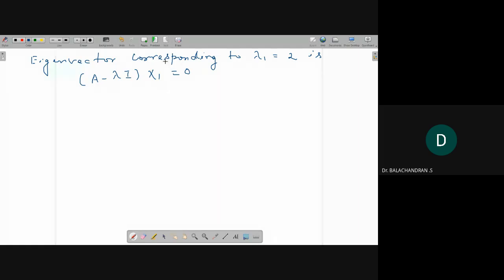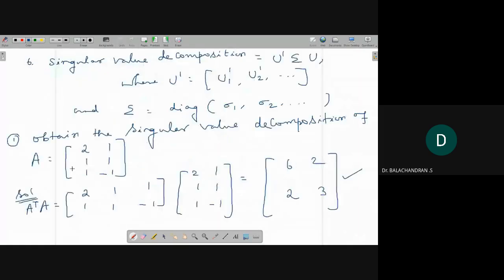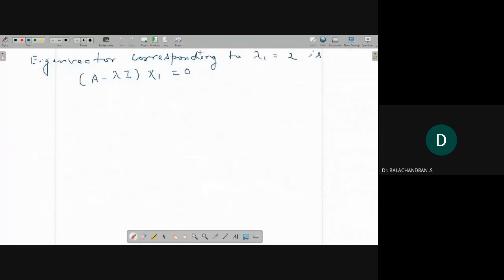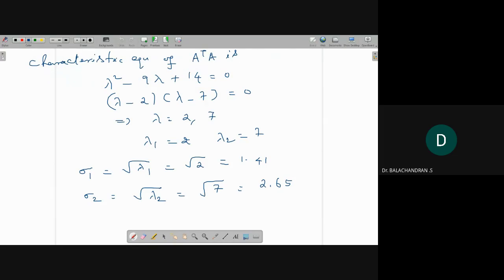So what is the matrix A minus lambda I? Actually not A, actually A transpose into A. What is A transpose into A?